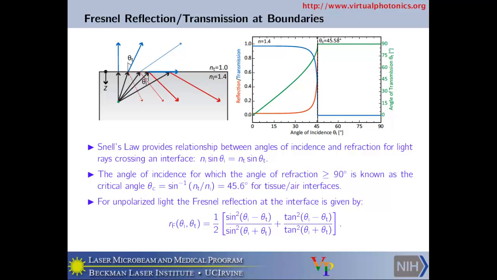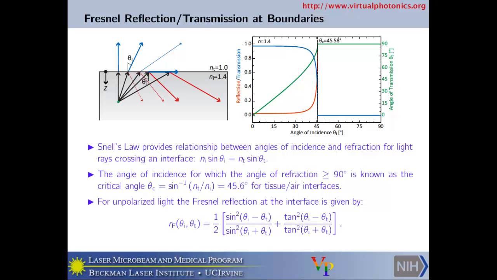There is this well-known Fresnel reflection relationship that tells you how much light actually escapes. This plot shows three curves. It plots the amount of light that gets transmitted across this interface as a function of your angle of incidence, how much gets internally reflected as a function of your angle of incidence, and then it gives you the angle at which the transmitted light is actually transmitted.